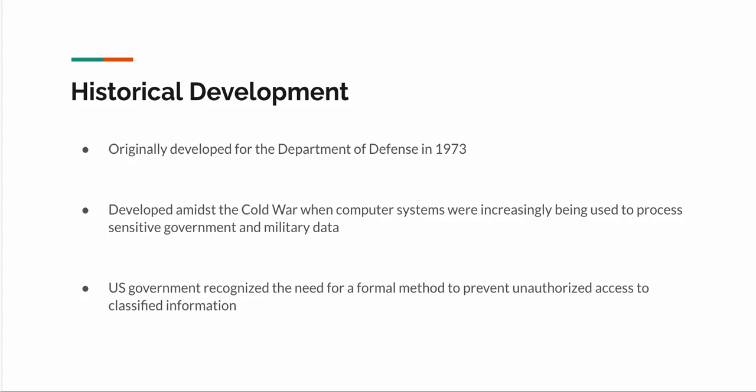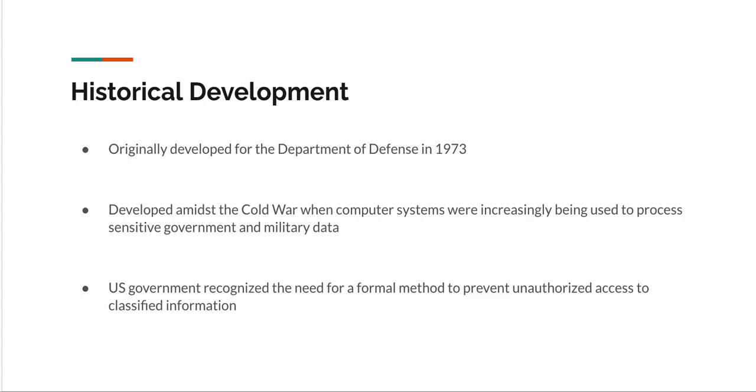In terms of historical development, the Bell-LaPadula model was originally created for the Department of Defense in 1973 in the middle of the Cold War and the Vietnam War. And this was really developed at a time where computer systems were starting to be used more frequently to process sensitive government and military data.